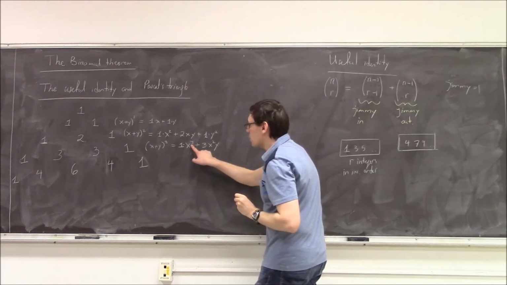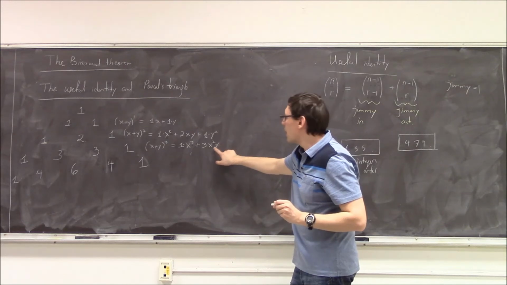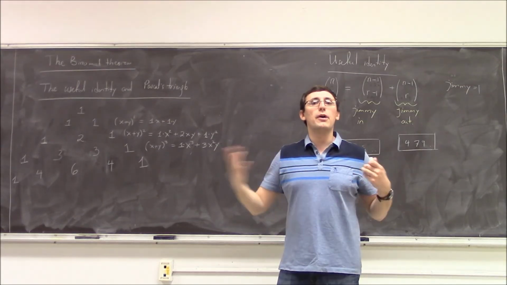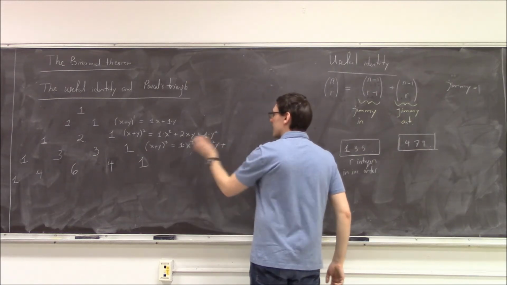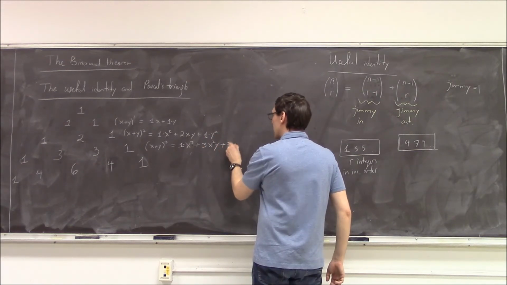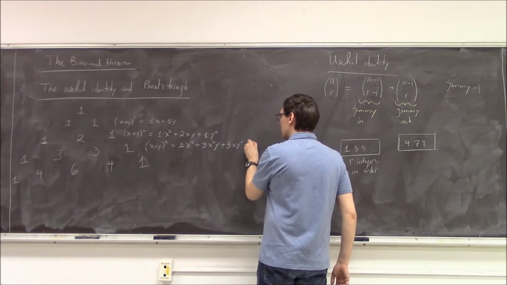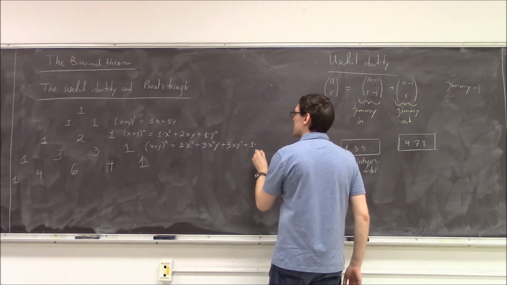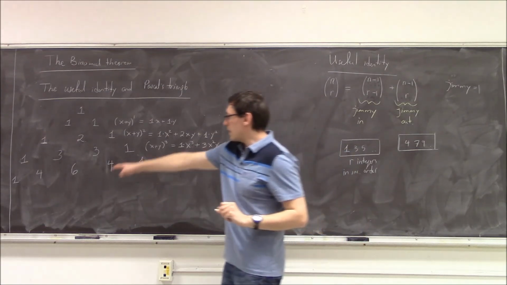You see, I took 1 power from 3, now it's 2, and I gave it to y. The power of x plus the power of y always equals 3. Plus the next is again 3, so we have x to 1 power less, and we have y squared. Finally, 1 times y cubed.